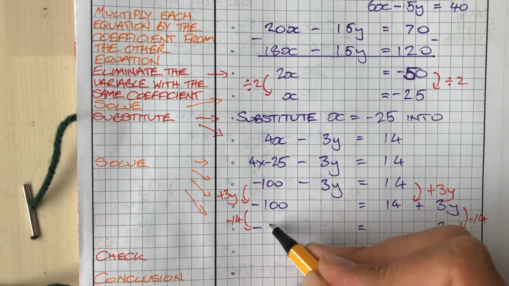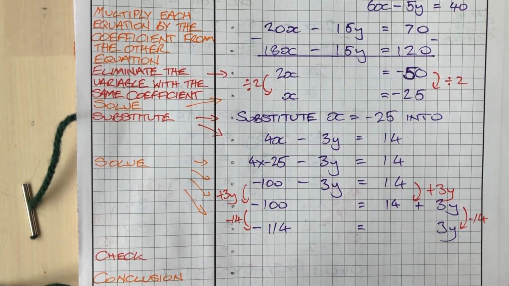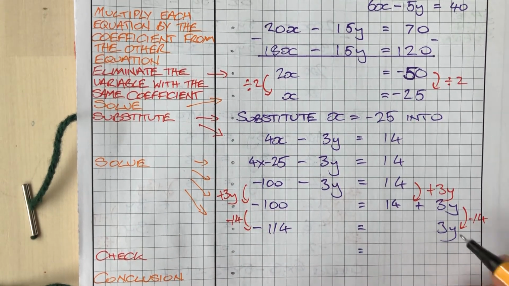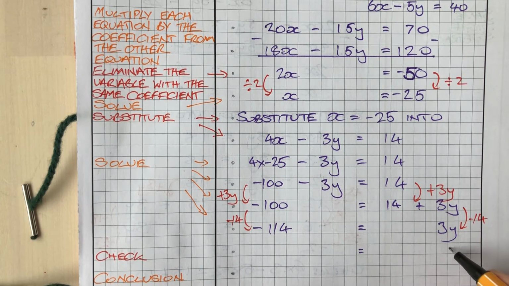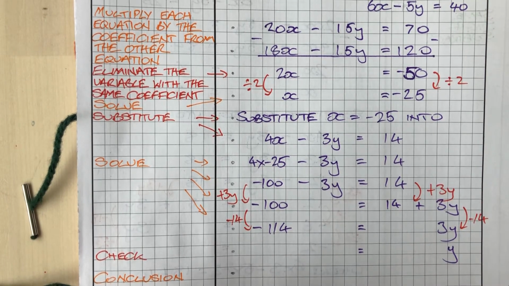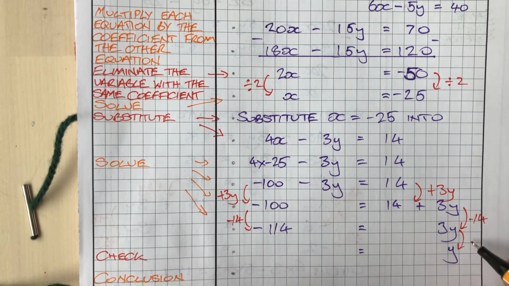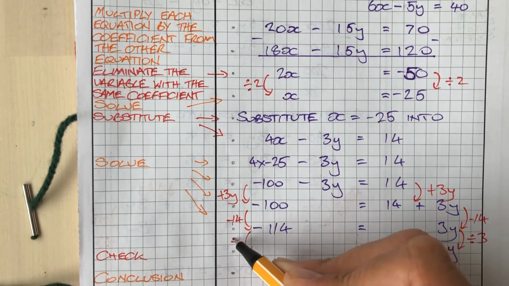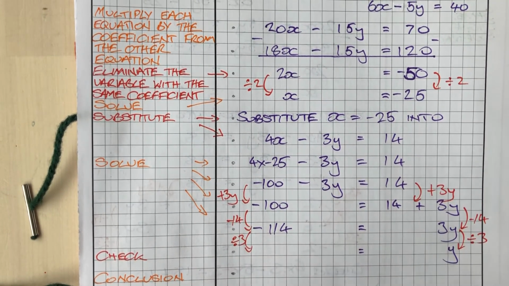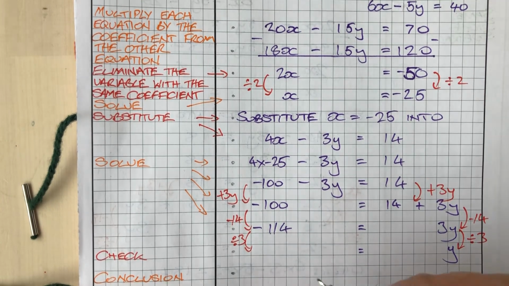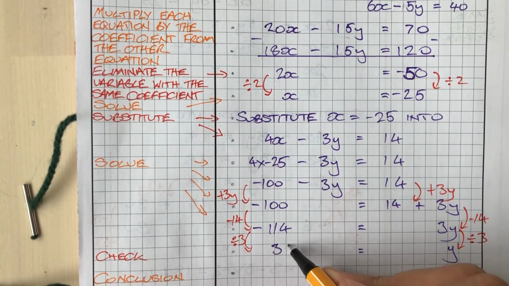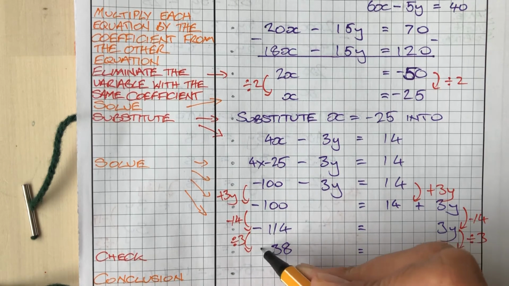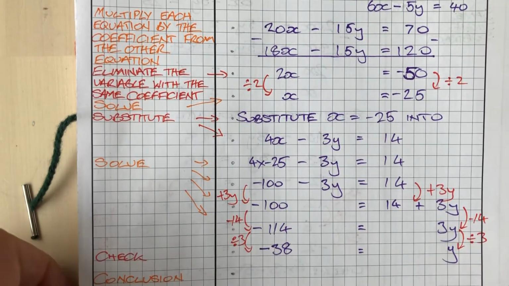It's negative 114. My number times by 3 is negative 114. So I need to divide by 3 to find out what my number is. Okay, 3's into 114 go 38 times. So this is going to be negative 38.